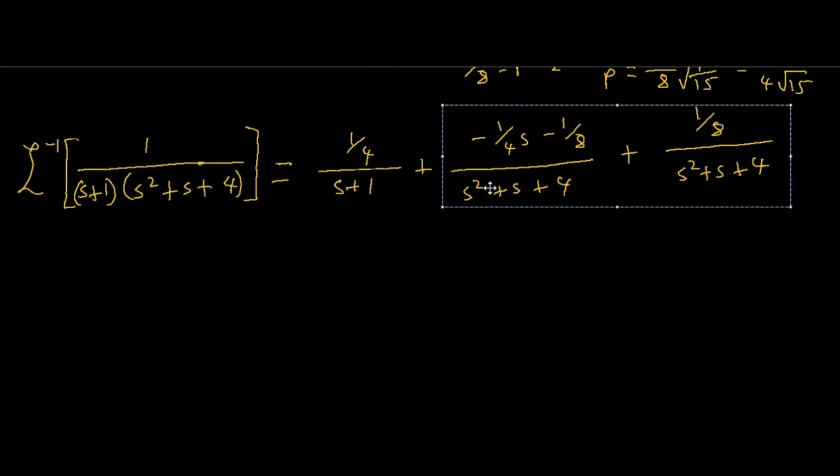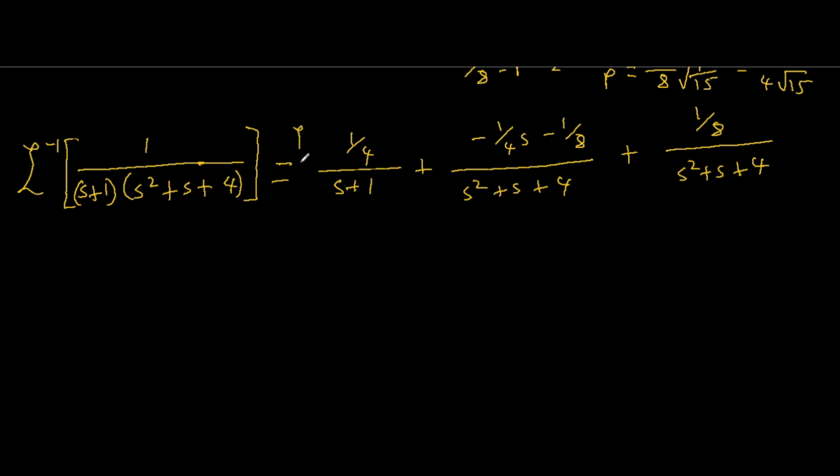So the inverse Laplace transform is the inverse Laplace transform of this entire thing over here. And now this we can easily work with because we know the various terms. So that is equal to 1 over 4 e to the power of minus t. That part is simple.